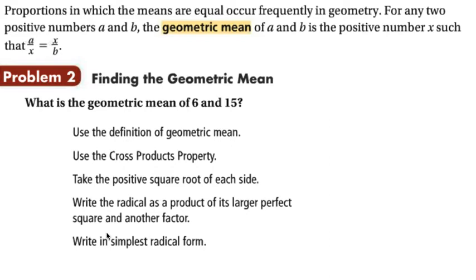All right, proportions in which the means are equal occur frequently in geometry. For any 2 positive numbers a and b, the geometric mean is the positive number x such that this ratio is true. Okay, so the reason we call it the mean, and the other term is the extremes. So let me just show you this. I think I may have shown you this in class, but I just want to double check. So usually we have 2 proportions, A to B and then C to D, I guess we'll just call it.